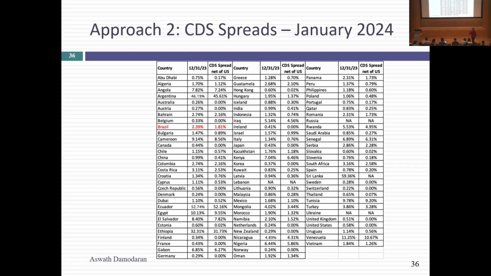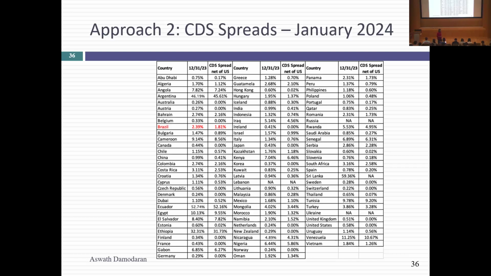So I do this makeshift adjustment, and you can do it or skip it if you want. I take the default spread for the US, which at the start of 2024 was actually much higher than the default spread in Scandinavia or parts of Europe. And I subtract it from the CDS spread for Brazil. In effect, what I'm saying is, if these are truly default-free countries, which based on the rating they should be, that spread is for the friction in the market, the fact that it's not a pure insurance market.